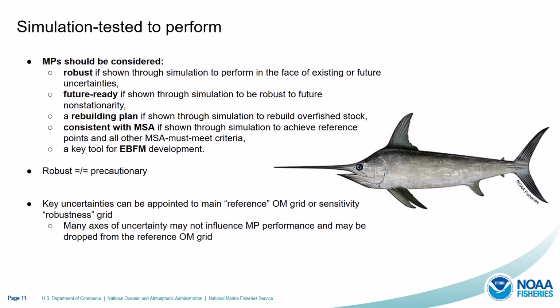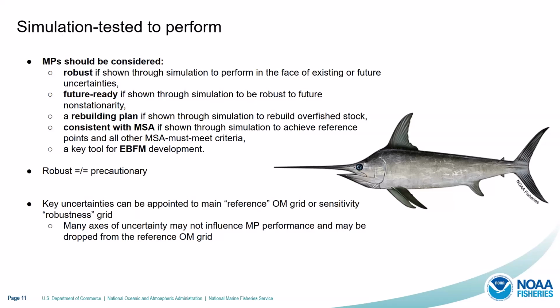So if a management procedure has been shown through simulation testing to perform in the face of existing or future uncertainties, it should be considered robust. If it's been shown to be robust to future non-stationarity, it should be considered future ready. If it's been shown to rebuild an overfished stock, it should be considered valid as a rebuilding plan, and if it meets MSA must-meet criteria, it's consistent with Magnuson-Stevens.